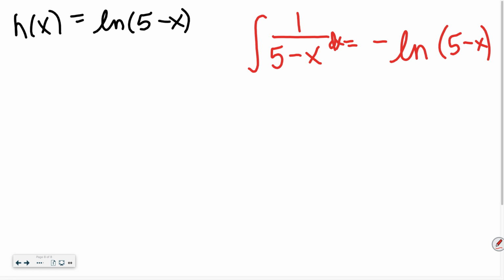Okay, so the antiderivative of this side is natural log. You wrote it down. I know, it's over there. Why is there an... Yeah, there's a... It's supposed to be a kind of puzzle.